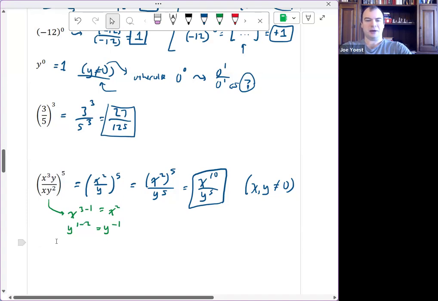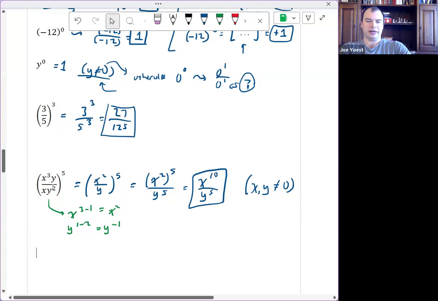And the answer is yes, I can. X cubed over x, I can either just think of dividing out one factor of x from the numerator and denominator, or I can think of using a power rule. X to the 3 minus 1 equals x to the 2, or x squared. And then for the y's, y to the 1 minus 2 is y to the negative 1, or 1 over y.